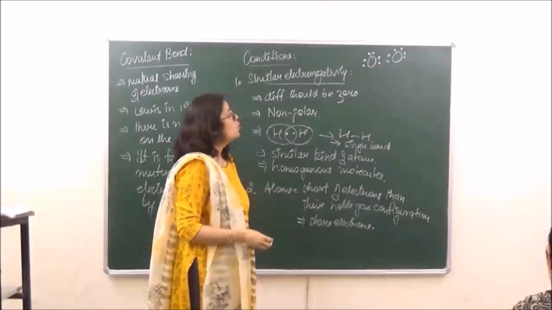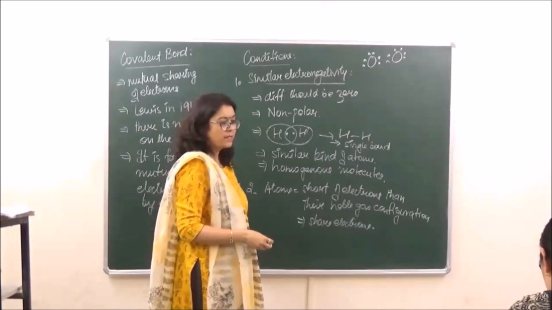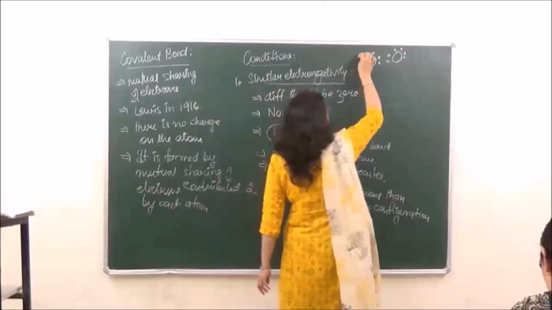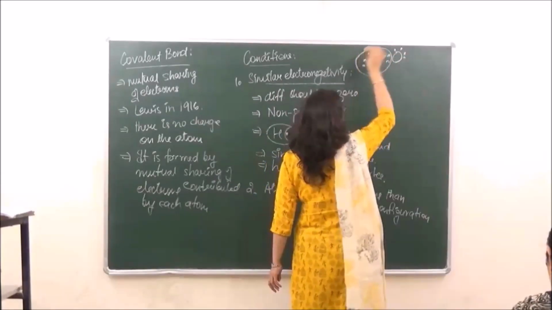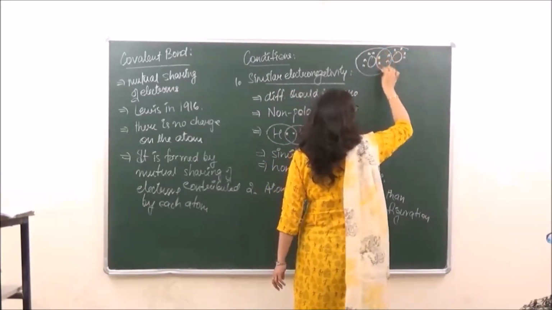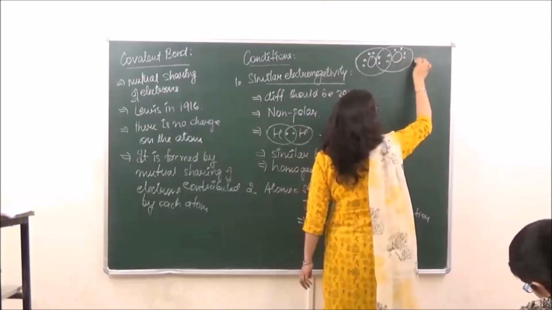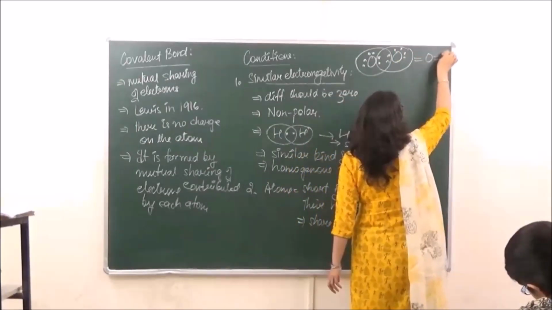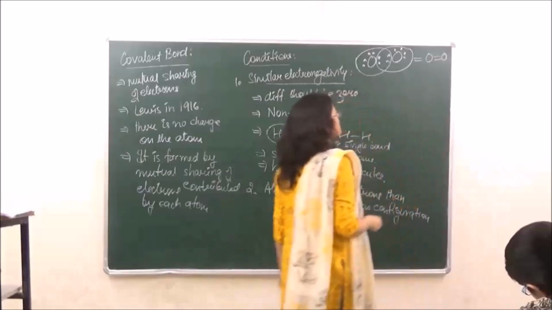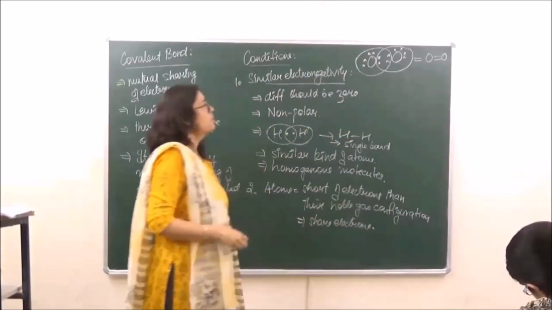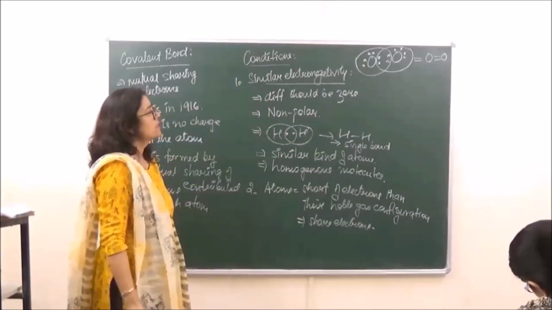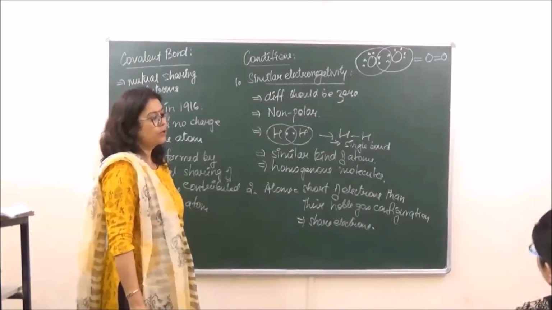It needs 2 more electrons to complete its octet, so the oxygens share electrons. There are 2 electron pairs shared between both the oxygens, so this gives us a double bond.